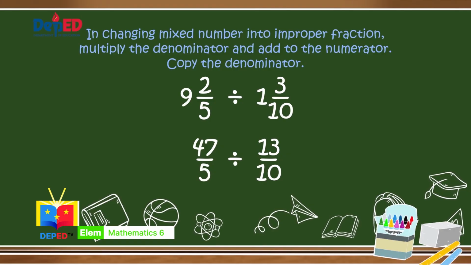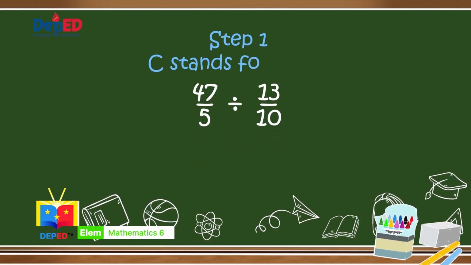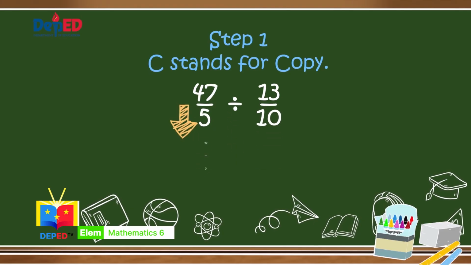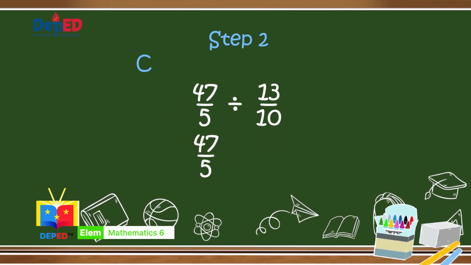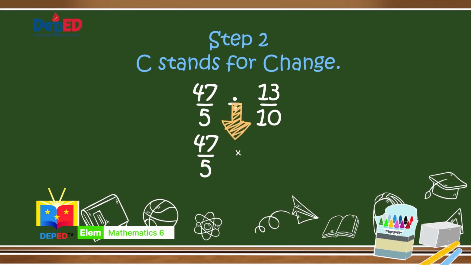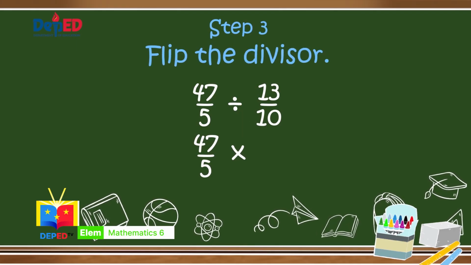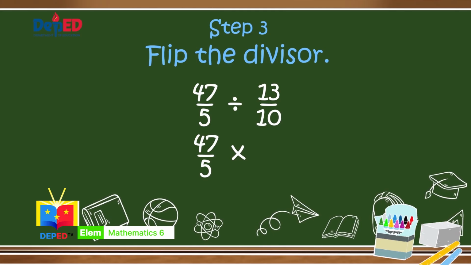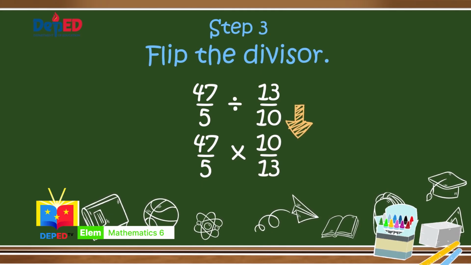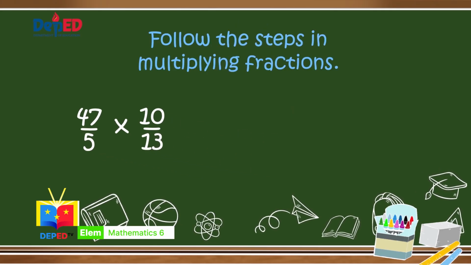Let's follow the CCF method. Copy the dividend, 47/5. Change the operation to multiplication. Flip the numerator and the denominator for its reciprocal. 13/10 becomes 10/13. Then, follow the steps in multiplying fractions. 47/5 multiplied by 10/13.